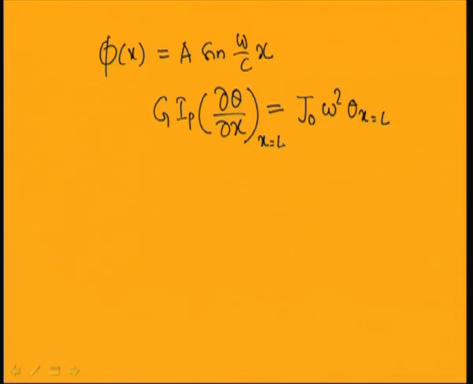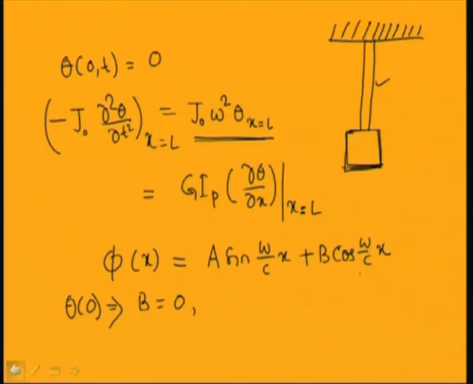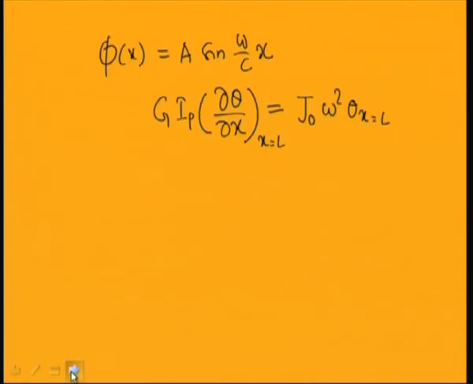So by substituting this in this equation, let us find del theta by del x. Del theta by del x is del phi by del x, as the time function is the same. By differentiating this equation, del phi by del x will give you A omega by c into cos omega by c x.